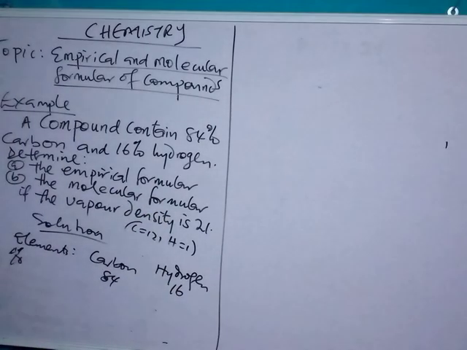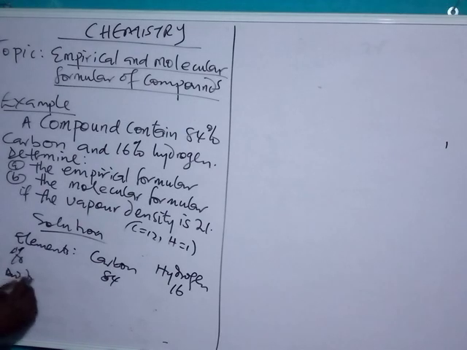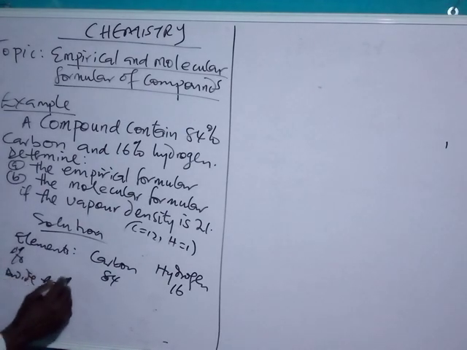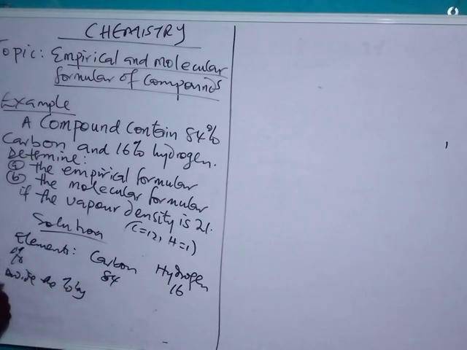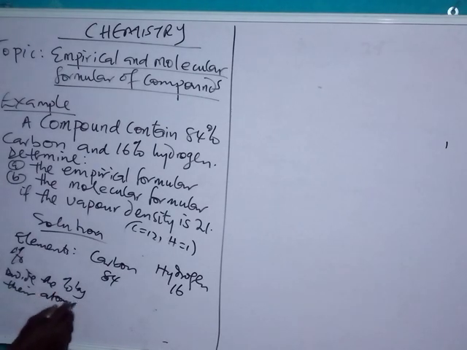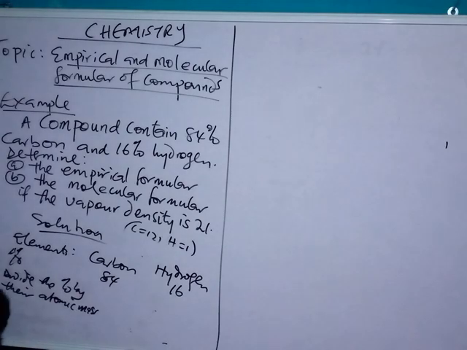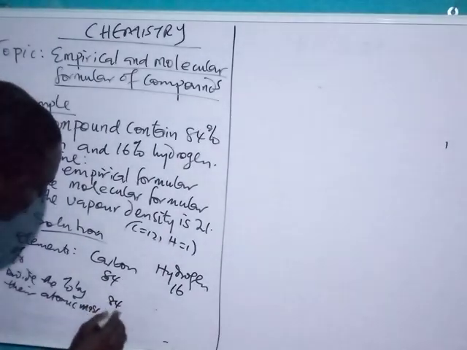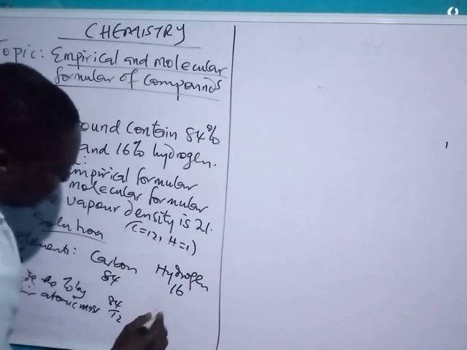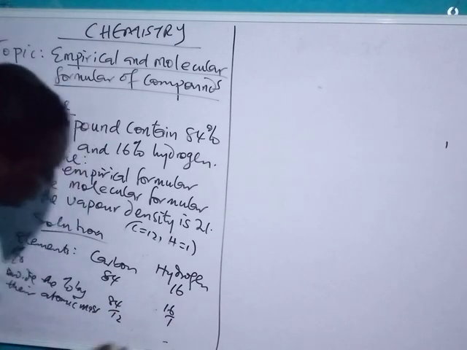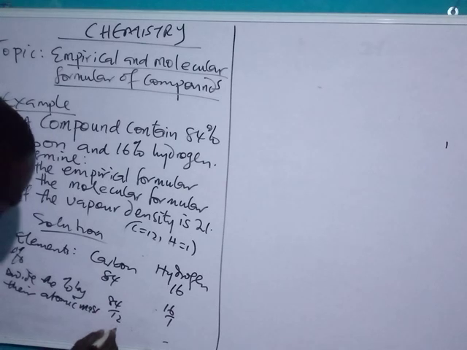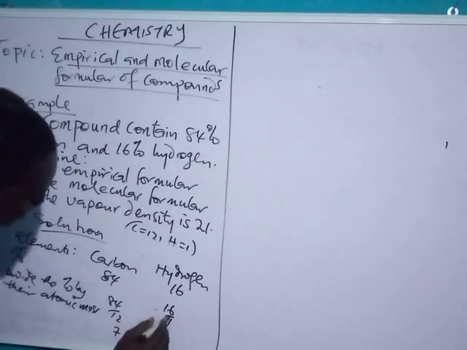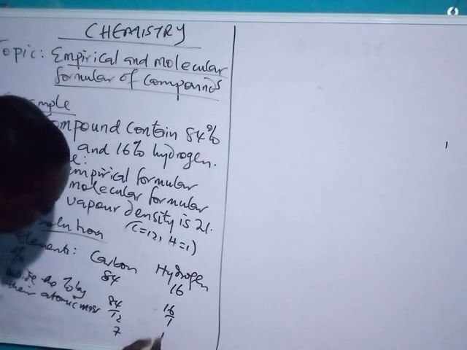The first step you take, divide the percentage by their atomic mass. They give us the atomic mass of carbon as 12, so it becomes 84 over 12, while that of hydrogen is 1, so 16 over 1. You divide 84 by 12, you have 7, divide 16 by 1, you have 16.